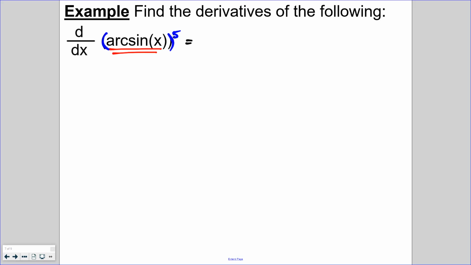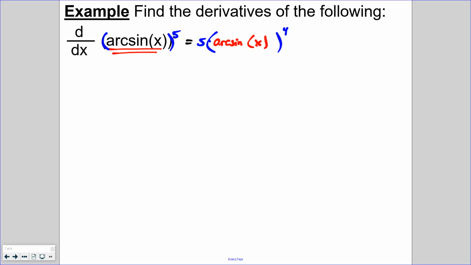Chain rule says we take the derivative of the outside function first, which means we'd have 5 times the quantity raised to the 4th power. We're then going to throw the inside back inside, and then multiply by the derivative of the inside.